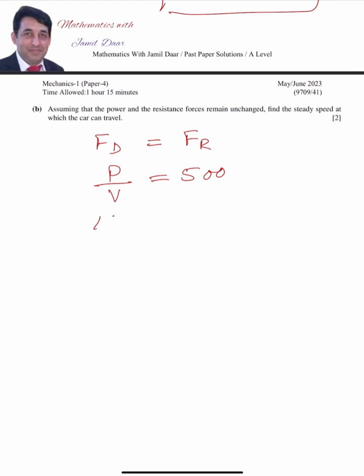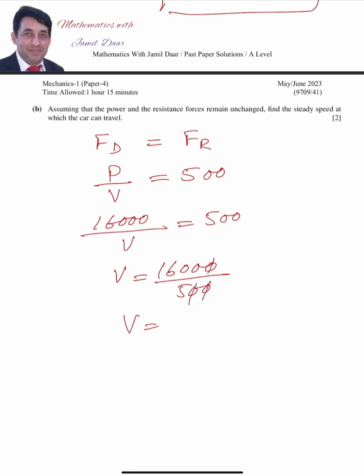Power is given 16,000, which is unchanged, over V. So velocity is equal to 16,000 divided by 500, cancelled, 5 3s are 15, 5 2s are 10, so 32 meter per second. So you got the velocity at which it can move if the speed is steady and there is no acceleration: 32 meter per second.